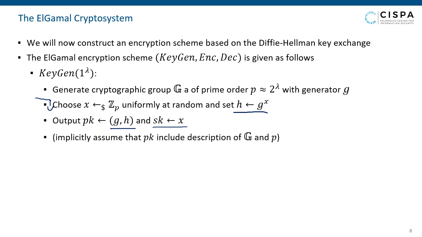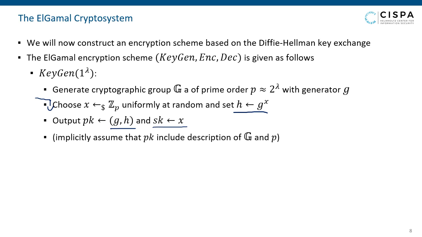There are good reasons to maybe argue that the group should be chosen at random, but we're not going to discuss this now. Just keep in mind that in some specifications the group is freshly generated, but in most standardized specifications the group G is fixed.